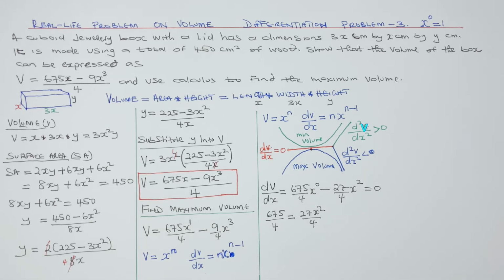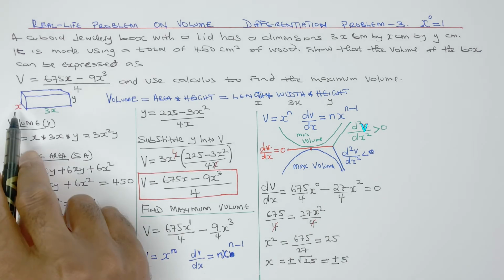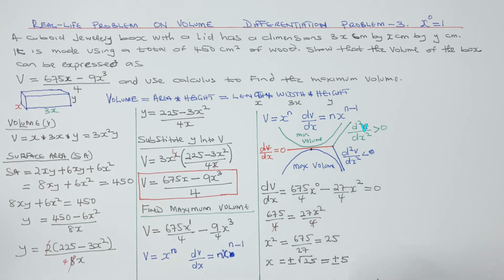In this case, the 4 will cancel out, and therefore x squared equals 675 over 27, and that equals 25. X will be equal to plus or minus root 25, and that equals plus or minus 5. But we cannot have a negative length, so x is going to be equal to 5.